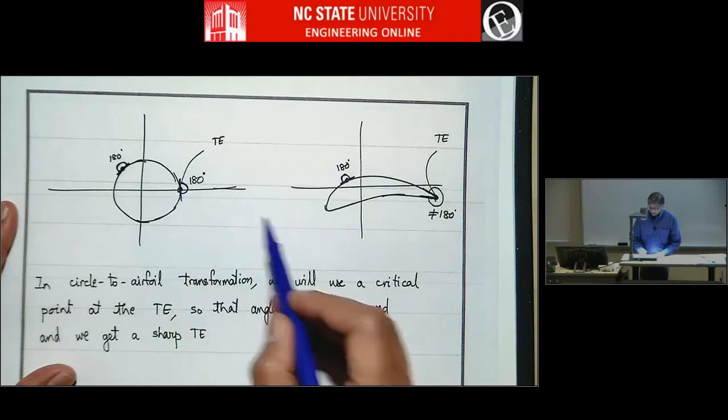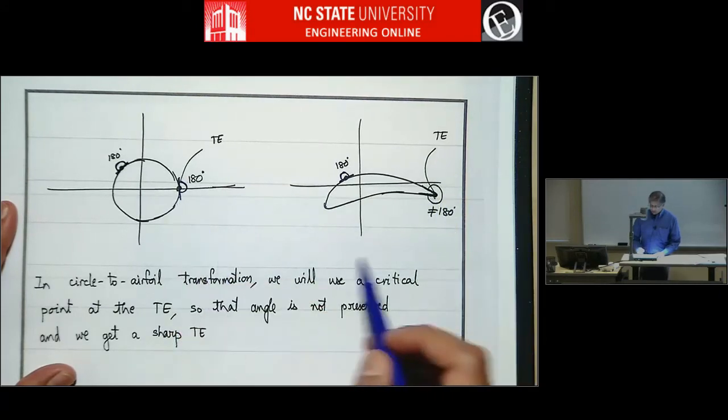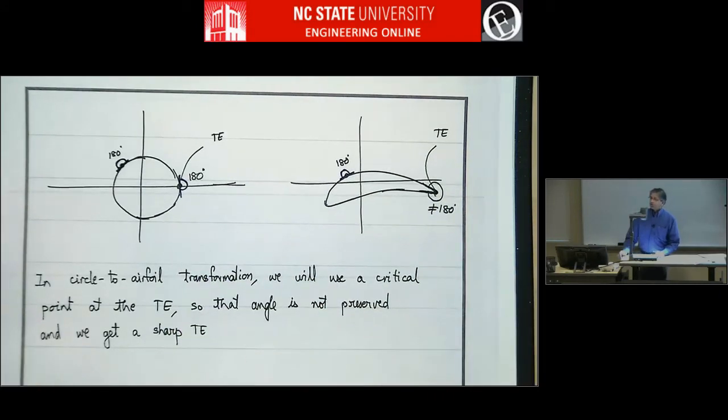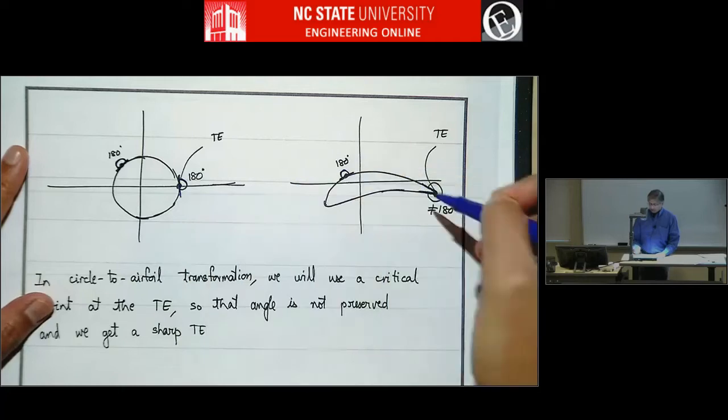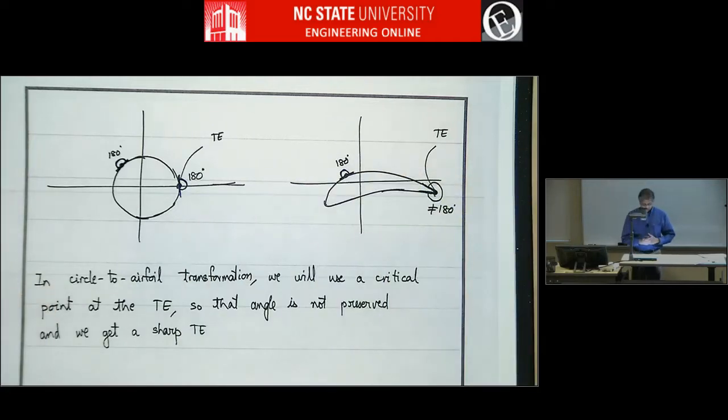This point will transform to this, but that will be a critical point of the transformation, so this point of the circle will get morphed to a sharp trailing edge.